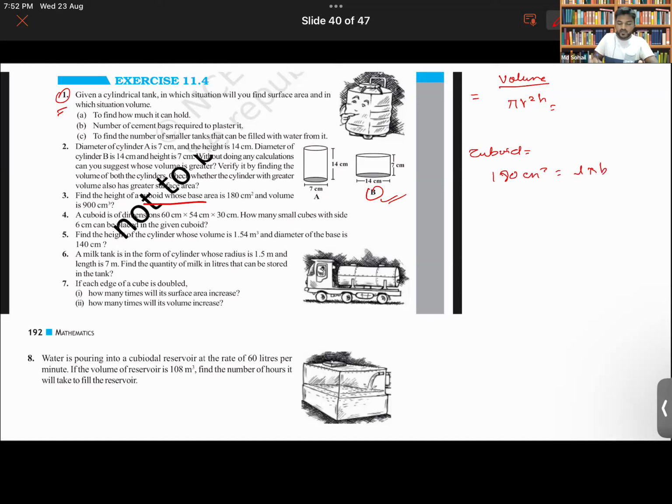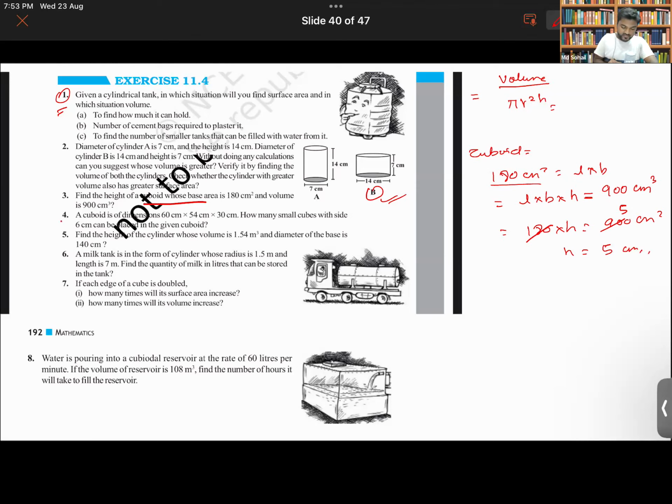So length into breadth into height is 900 cubic centimeter. So 180 into height is 900 cubic centimeter. Here you will get height as 5 centimeter.